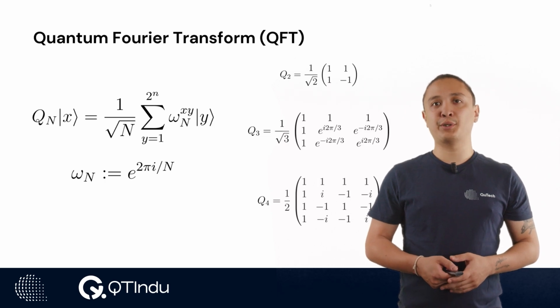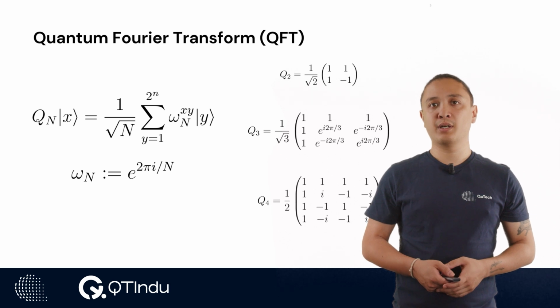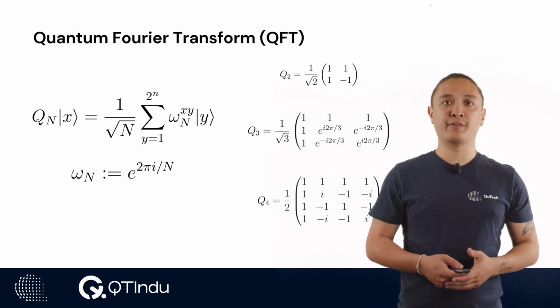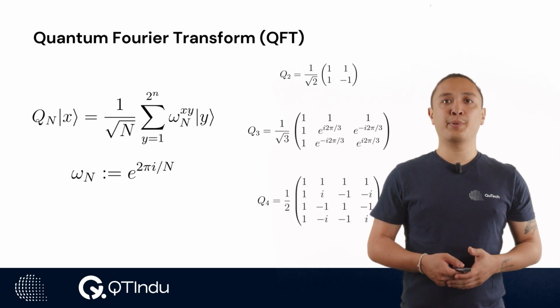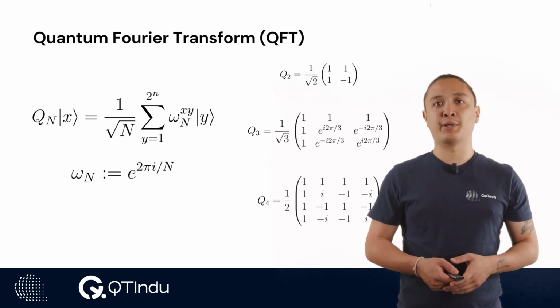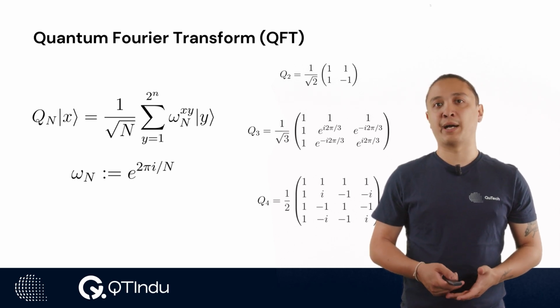Here we present the QFT in matrix form for n equal to 2, 3, and 4. Note that we can technically define a QFT over all possible positive integers n. However, for the purposes of implementing it on a quantum computer, we will only consider the case when n is equal to 2 to the power of small n, i.e. just some power of 2.